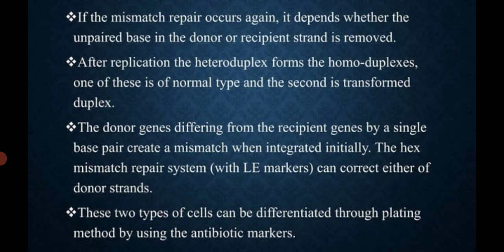In artificial transformation, there is use of some treatment, such as low temperature, high temperature, and solutions like NaCl and calcium chloride, and this treatment can increase the permeability of the cell wall of the recipient cell so that the foreign DNA can enter it.